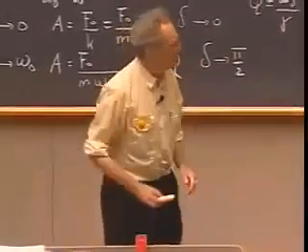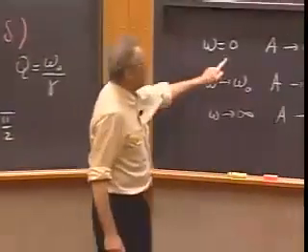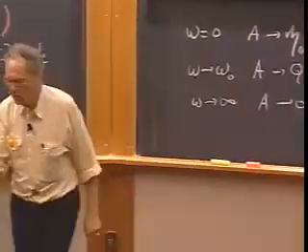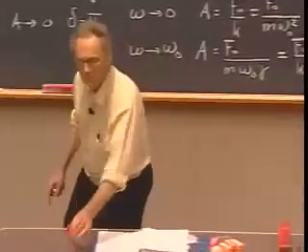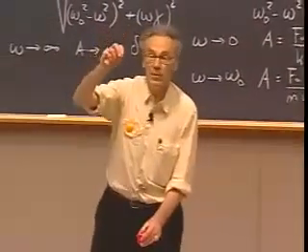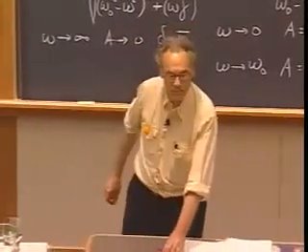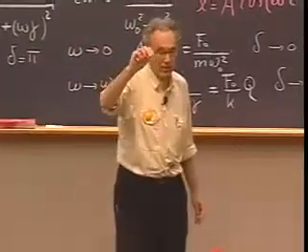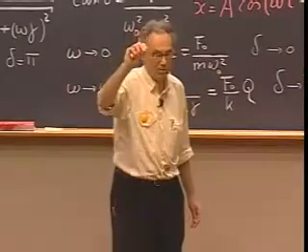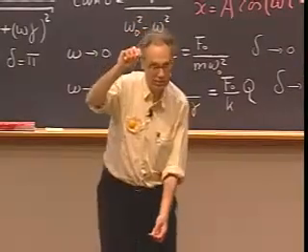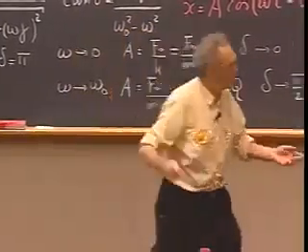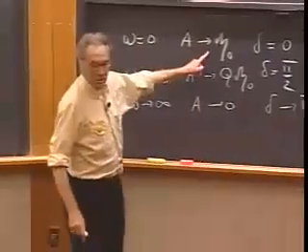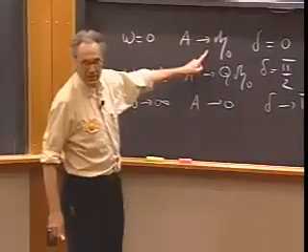So what do you think if I shake it at omega equals 0? What is then the amplitude that this object will have relative to my motion eta 0? So I move my hand, eta 0, infinitely long. What will this object do? We'll just follow it. So you get this answer. What will be the delta?